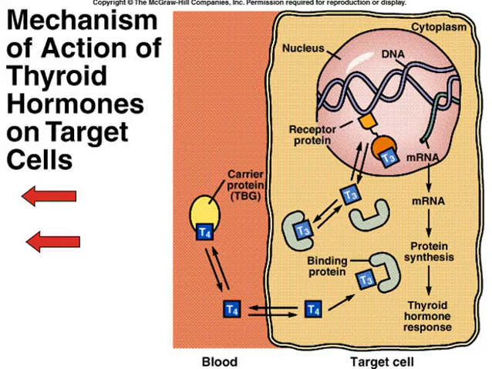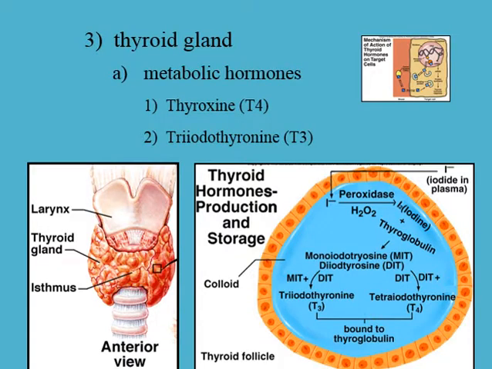So before we go into the next hormone, it increases metabolic rate. It's a very powerful stimulator of metabolic rate, so that if we give a person or an animal extra thyroxine, we can double the metabolic rate.